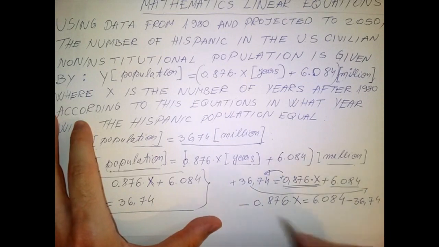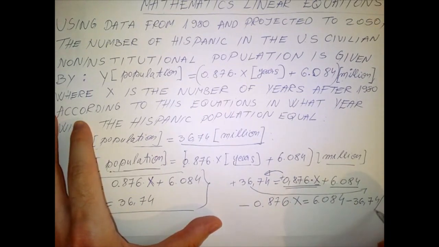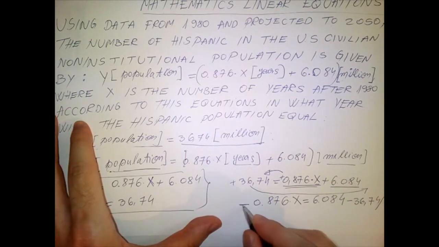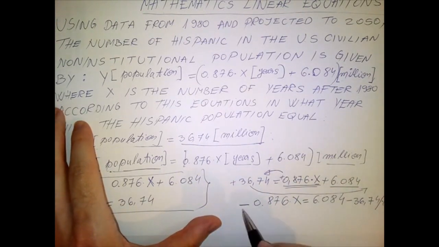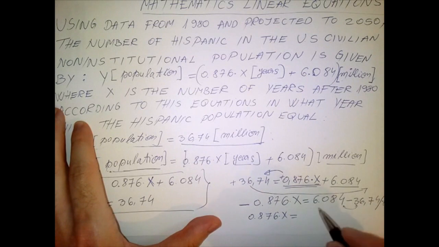Now in this equation we have minus, so we must multiply by negative. When we multiply by minus, it becomes positive, it's plus. Here we can change the place, or we can directly multiply.